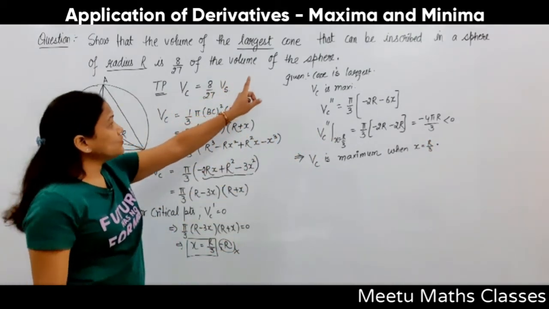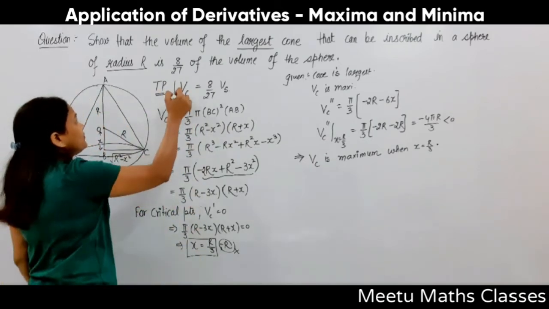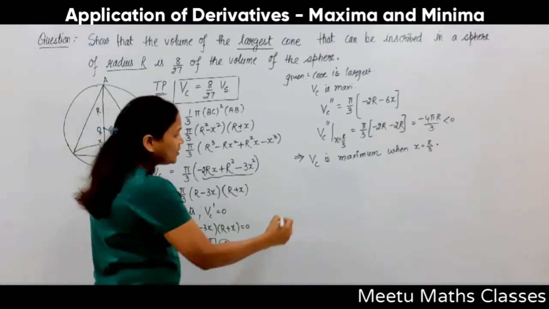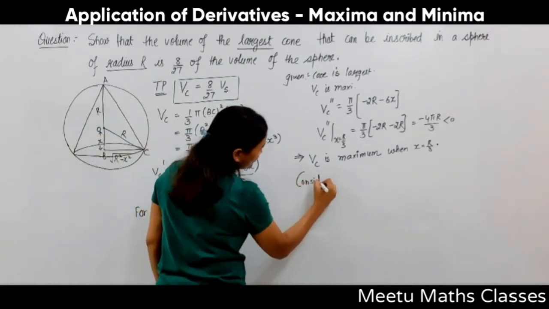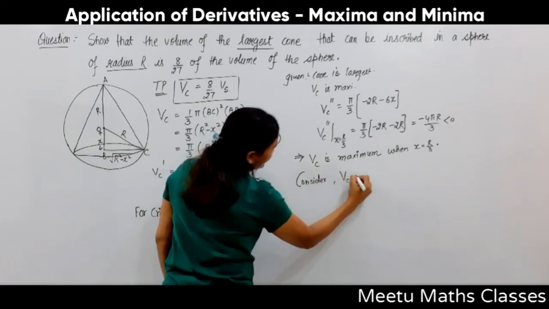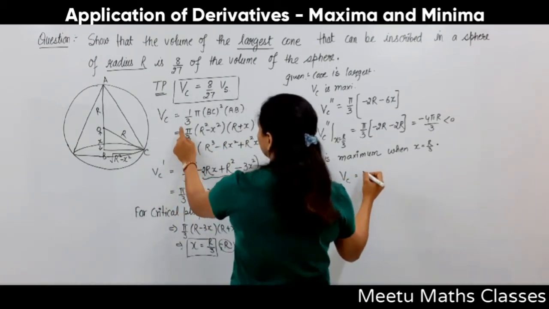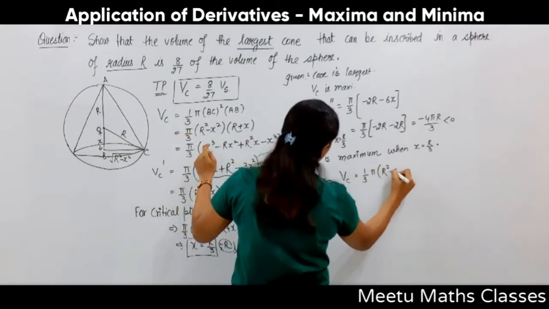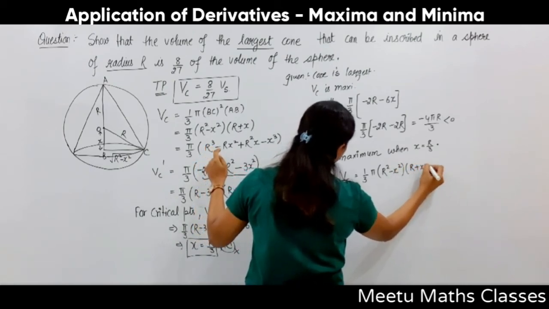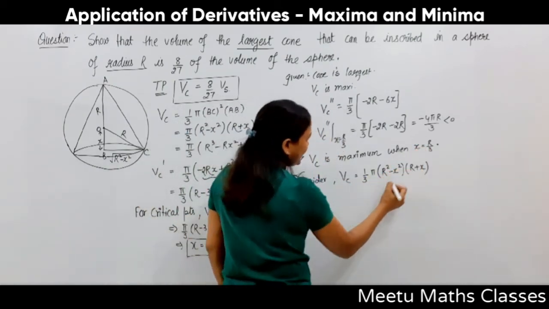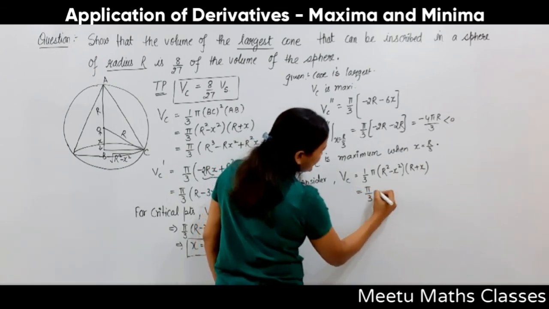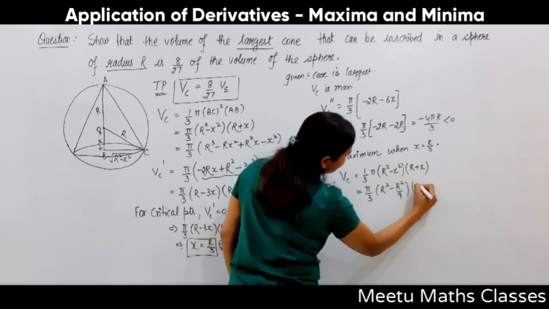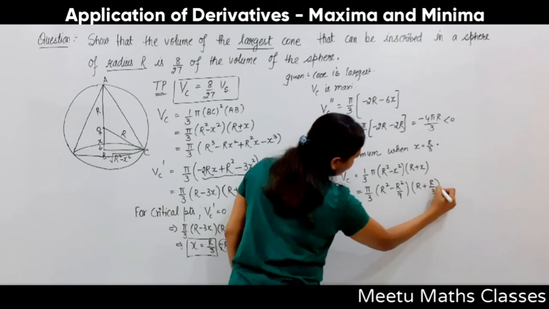Now we are supposed to show, what you have to prove, that the volume of the cone is 8 by 27 of the volume of the sphere. So consider the volume of the cone, and the volume of the cone is 1 by 3 pi into r square minus x square into r plus x. Now x is r by 3, so this will come out as r square by 9, and here x is r by 3.